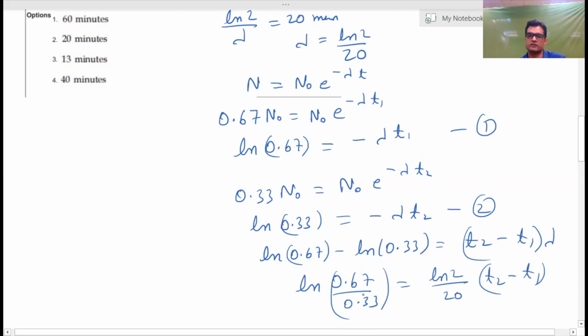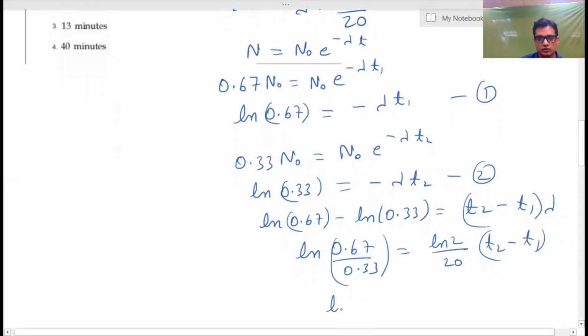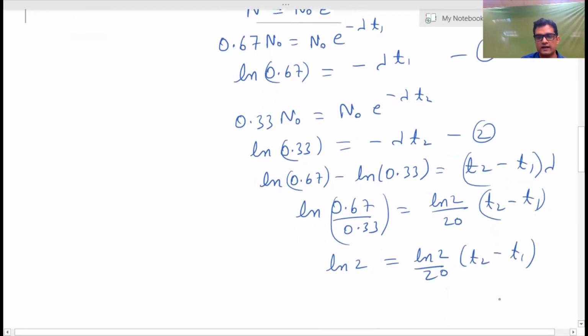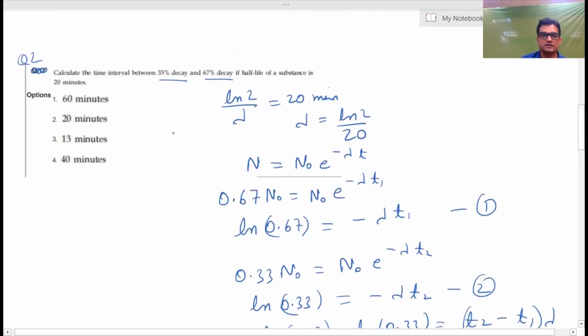Now 0.67 upon 0.33 I can approximately take as 2. So this will be ln2 is equal to ln2 by 20 into (t2 minus t1), and I'll get t2 minus t1 as 20 minutes. So for this question our answer will be option 2.